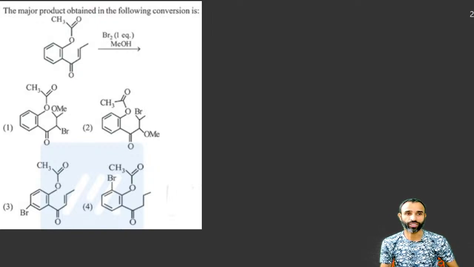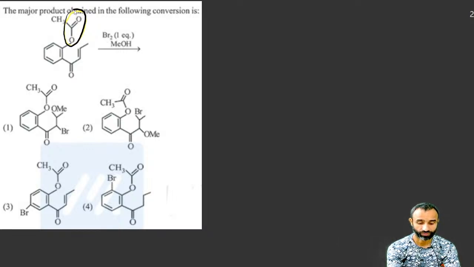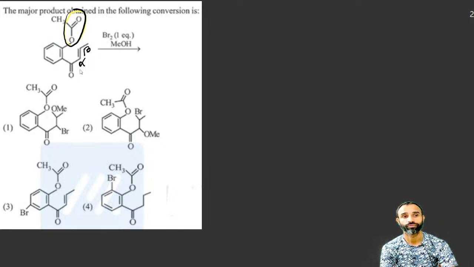First, it is aromatic, we have a benzene ring. We have an ester group. We have an alpha, beta unsaturated ketone. So these are the functional groups we have.